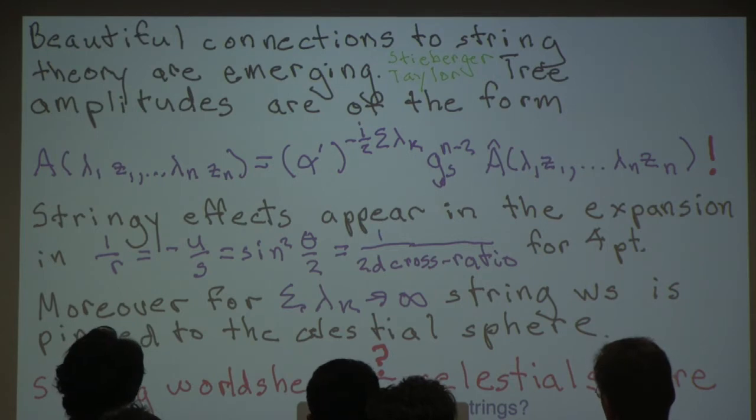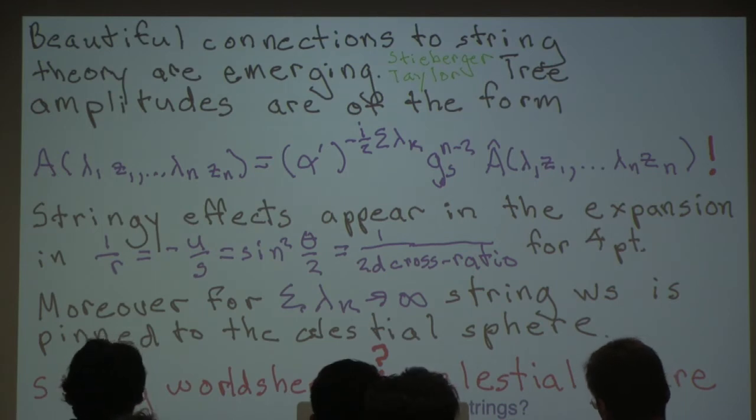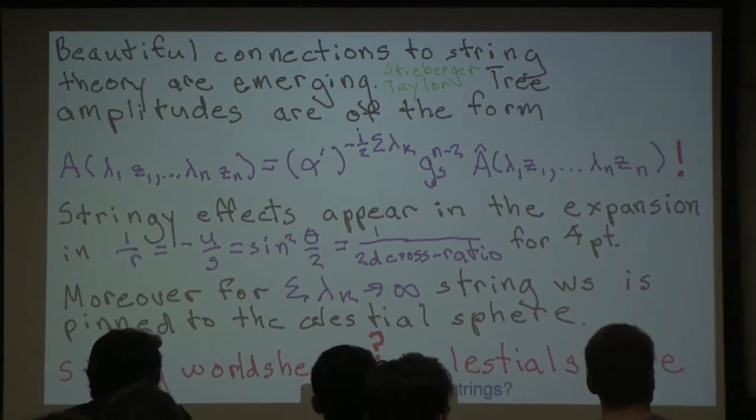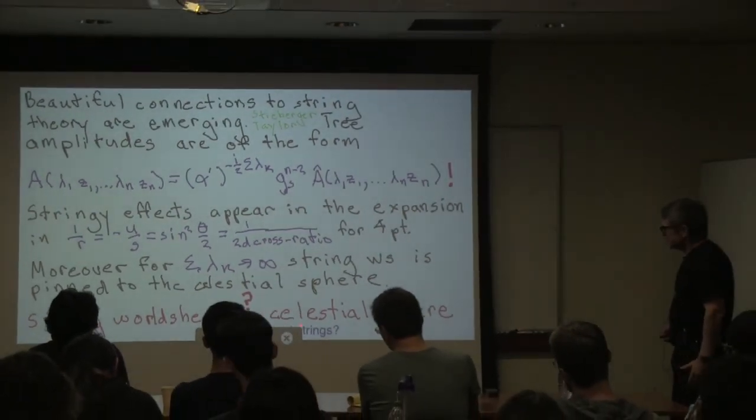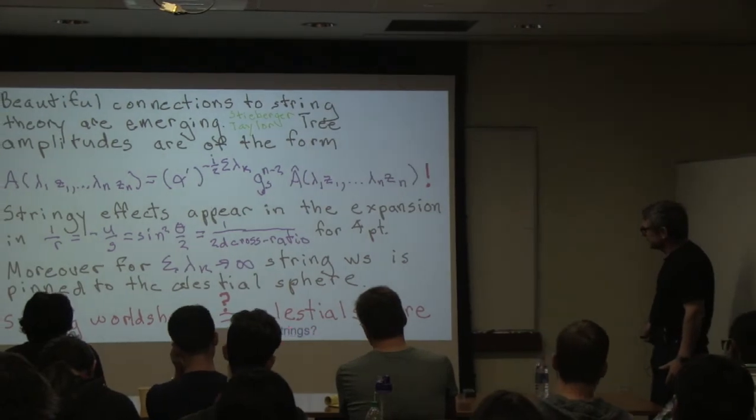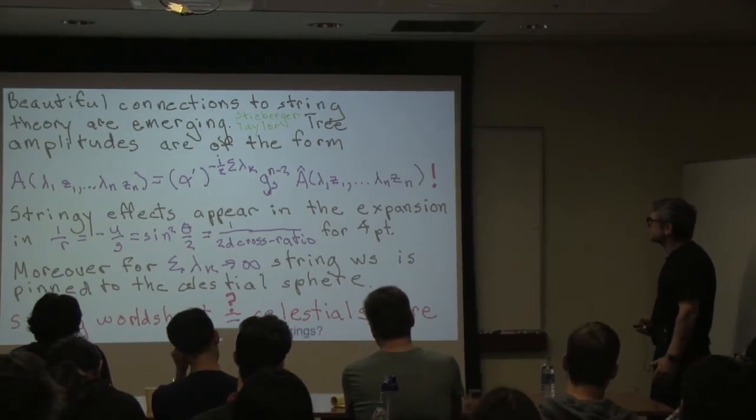Now, they moreover showed that when lambda k goes to infinity, the string world sheet becomes pinned to the celestial sphere. And this is my answer to Zvi's question. So there is some kind of relationship between the string world sheet and the celestial sphere, as we might have hoped. And what you can't see here is that I wrote strings without strings.